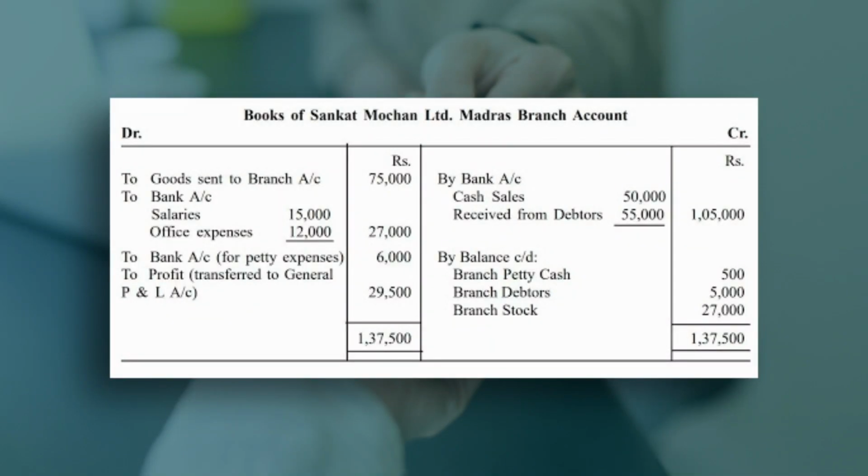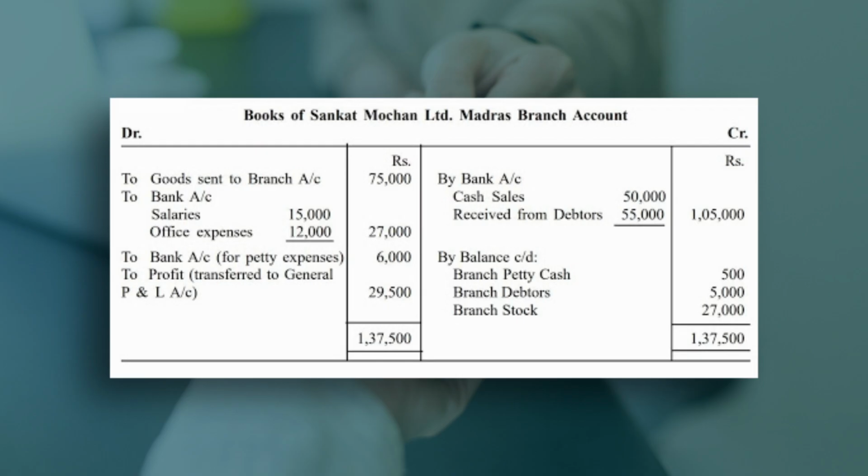So, credit sales 60,000, closing balance of debtor 5,000, so this is the balancing figure 55,000. It means this is the amount which we have received on account of credit sales from the debtors, cash received from the debtors 55,000. The cash sale is rupees 50,000, and 55,000 is received from debtors on account of credit sales. So, the total is 1,05,000.